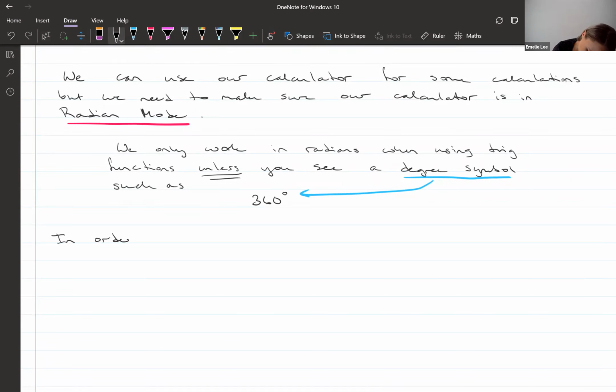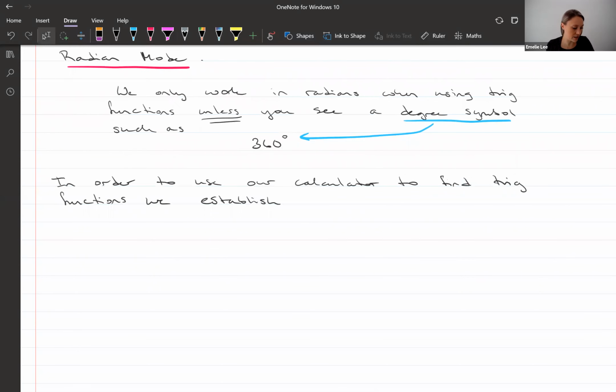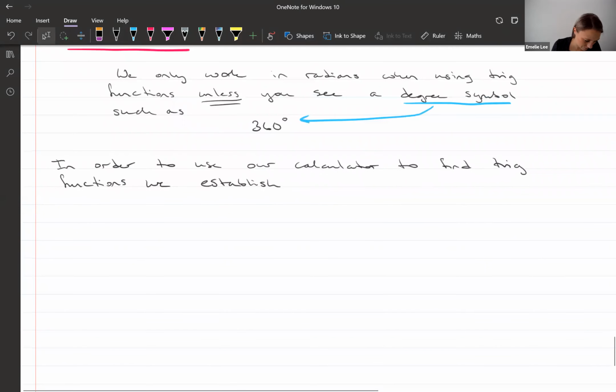In order to use our calculator to find trig functions, we establish some fundamental identities.